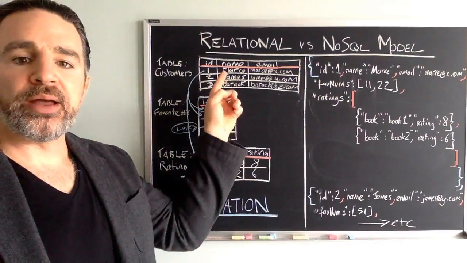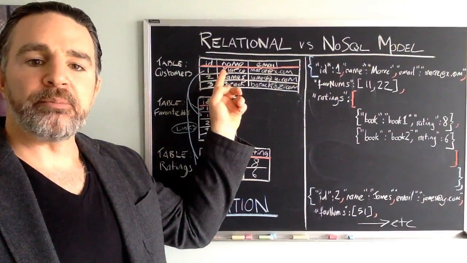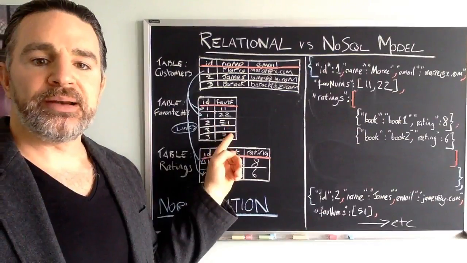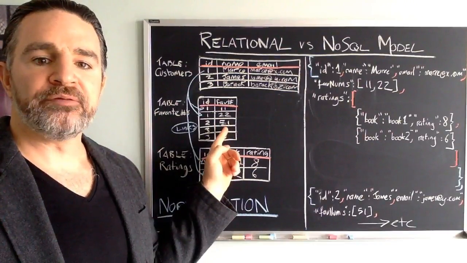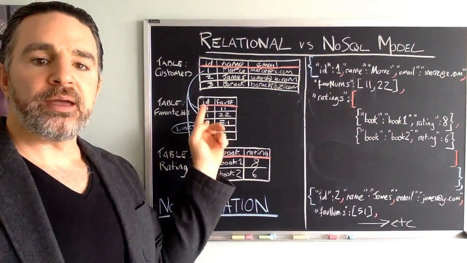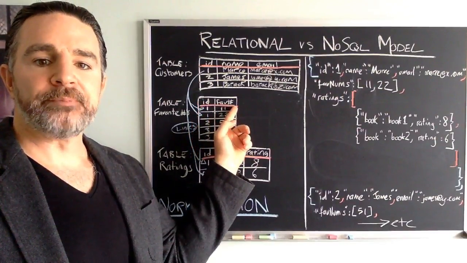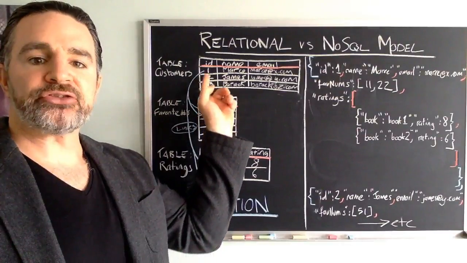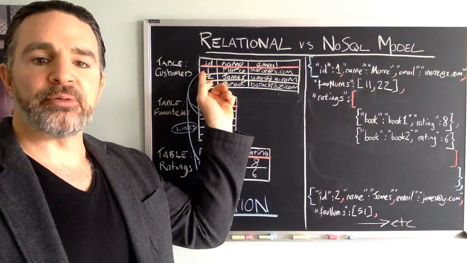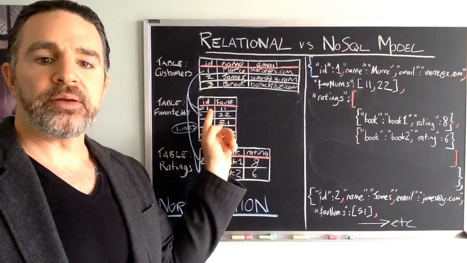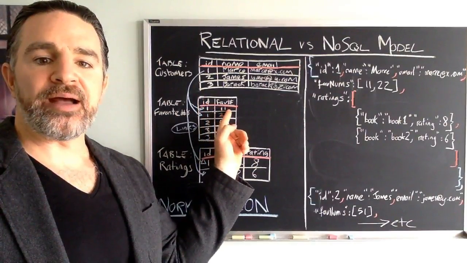So what it would do, in terms of this example with the favorite number, we would create a completely separate table for favorite numbers. This favorite numbers table would have ID and favorite number. So the ID would match the ID from the customers table. Marcy's ID is number 1, and you can see here, and then we have favorite number.